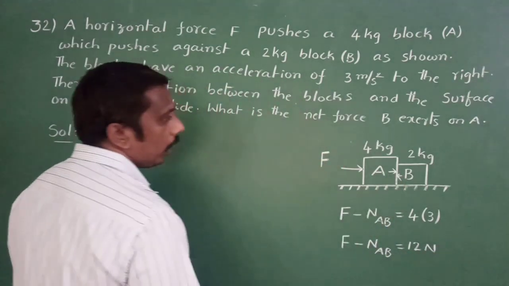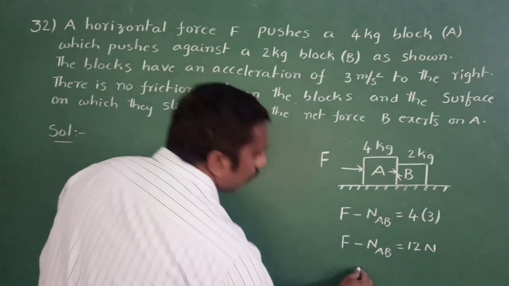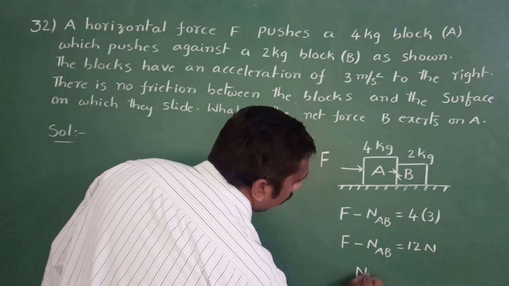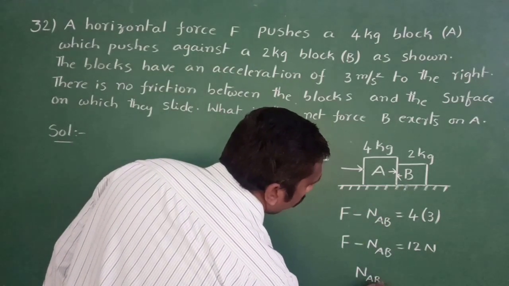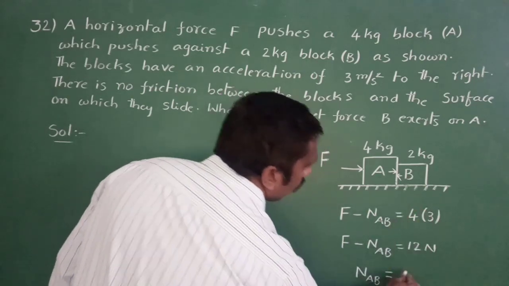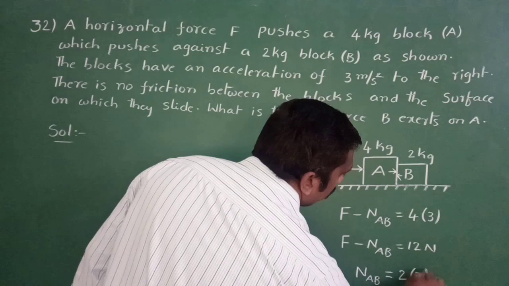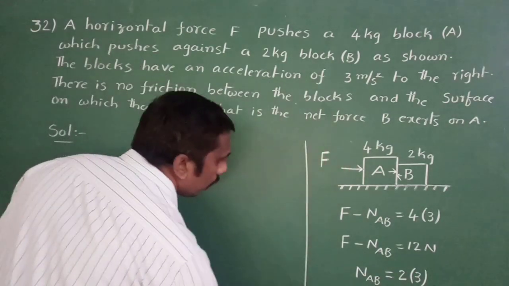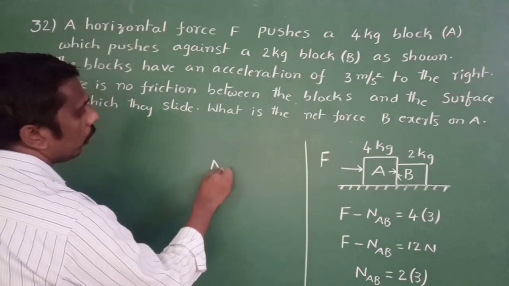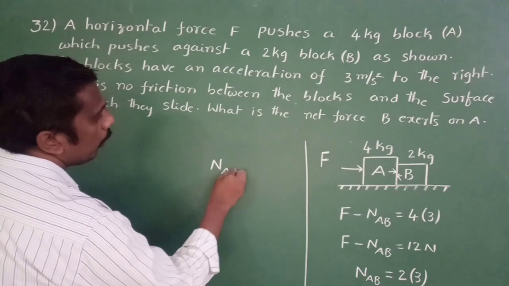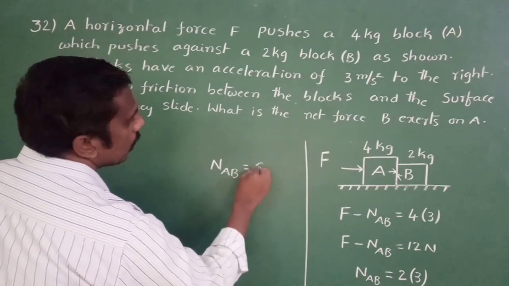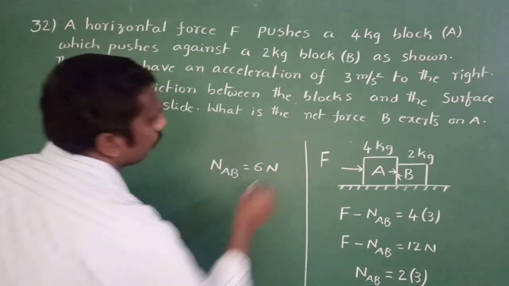Come to block B. On block B, only the reaction force is acting. N AB is equal to the mass of block B, 2, into acceleration 3. So N AB is equal to 6 Newton.